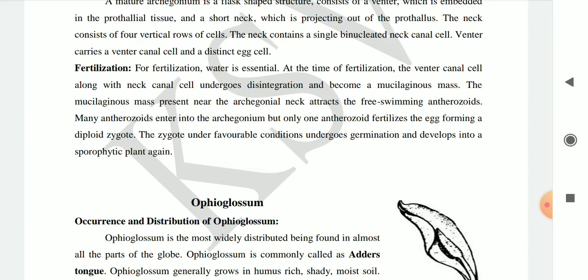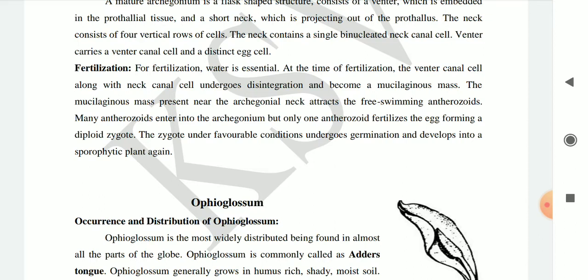When the antherozoids come in contact with the egg cells, fertilization takes place through the water current. At the time of fertilization, the ventral canal cell along with the neck canal cells disintegrate and become a mucilaginous mass.